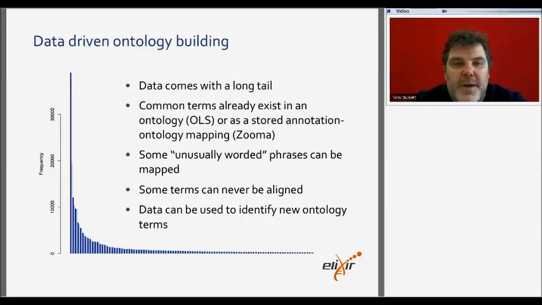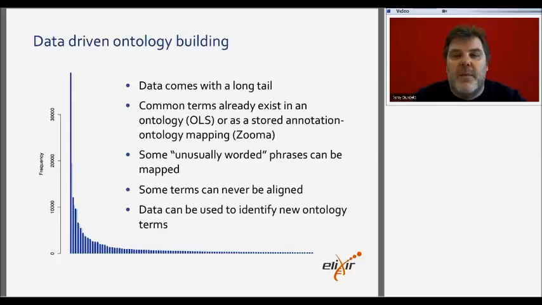And so this feeds me into talking a little bit more about ontologies, and I'm going to come on to that. We know that the data that we see, the metadata attributes that we see in biosamples, comes with this kind of long tail. So you see a few terms that are really, really heavily used. Some of the diseases might be well used, things like sex, male, or organism, Homo sapiens.